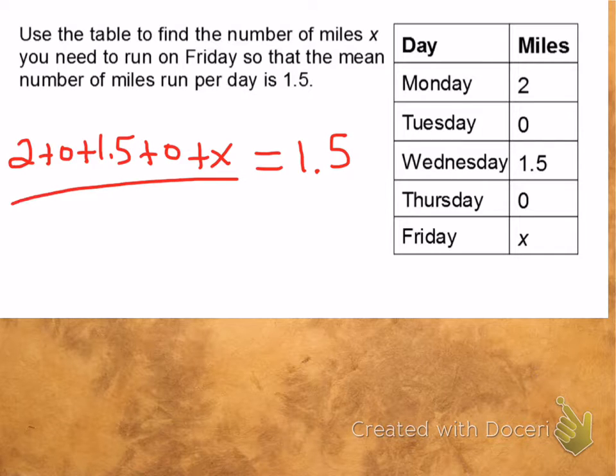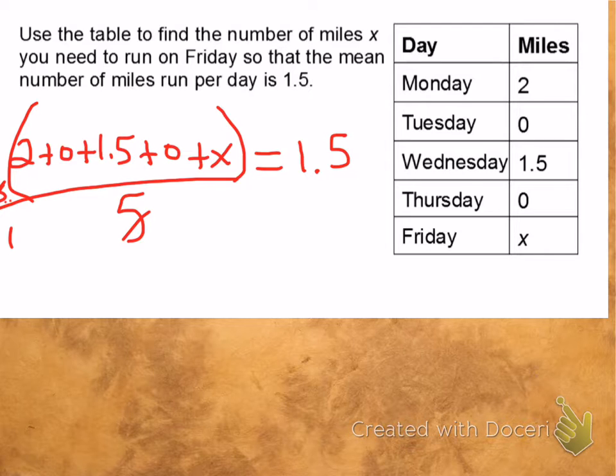And when we find the mean or the average, we divide by how many we have. So I have Monday, Tuesday, Wednesday, Thursday, Friday, so I want to divide by 5. I'm going to put the numerator in parentheses. I want to clear out the denominator. So the opposite of dividing by 5 is multiplying by 5. So multiplying by 5 over 1 would cancel out the 5's. What you do to one side, you do to the other.